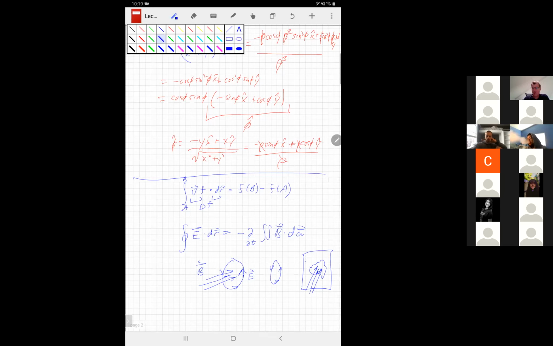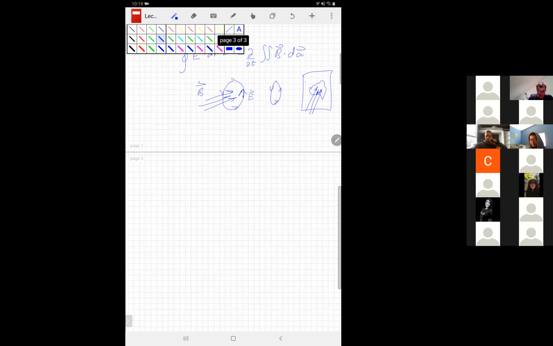But who says that all loops have to lie in planes? Loops can be deformed. It could be that a loop simply doesn't sit in a flat surface. And once a loop doesn't sit in a flat surface, then what kind of surface are you going to draw through that loop? Well, there are lots of surfaces that you could draw.